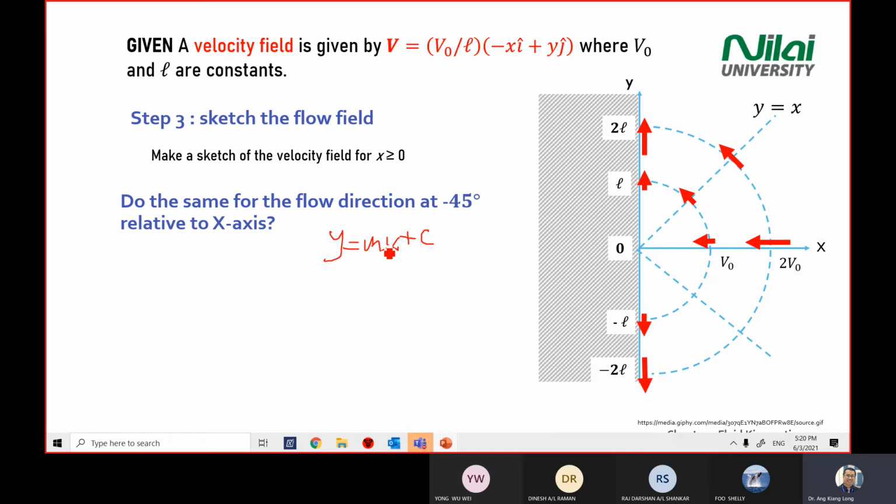So if your m is positive, it is going up. When your m is positive, it means going up. When the line is going down like that, it is a negative value, where you can write this line as y equal to minus x, like this one.